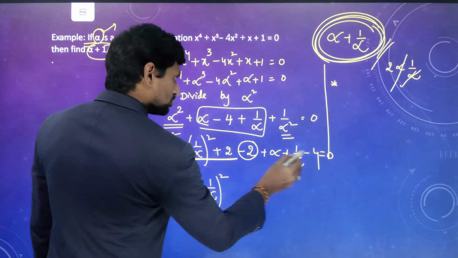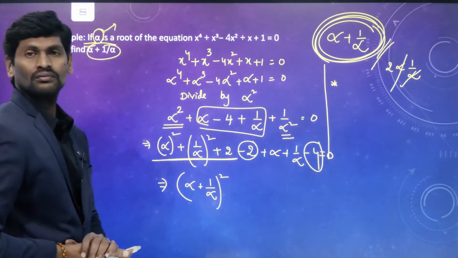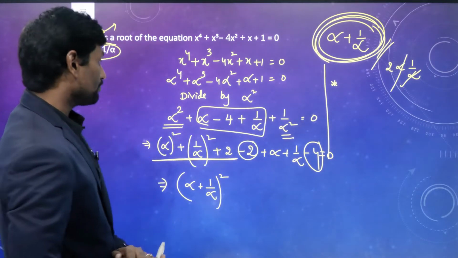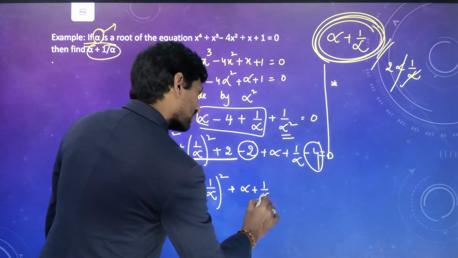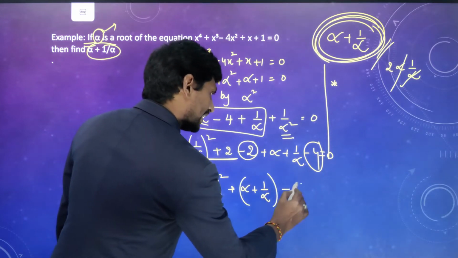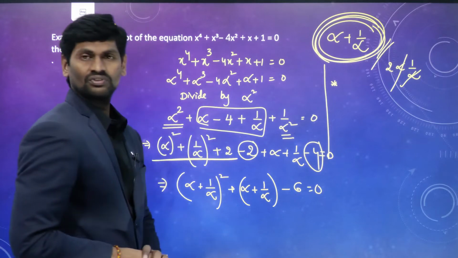Now minus 2, minus 4 becomes minus 6. That means alpha plus 1 by alpha minus 6 equal to 0.